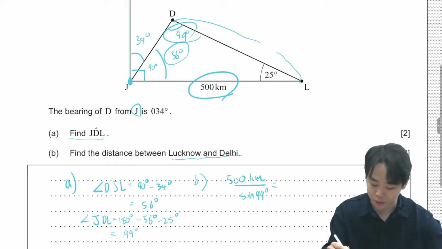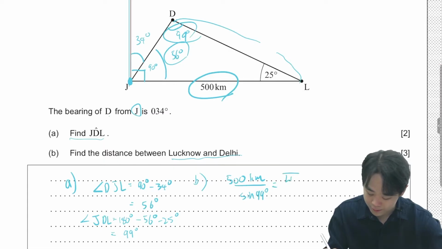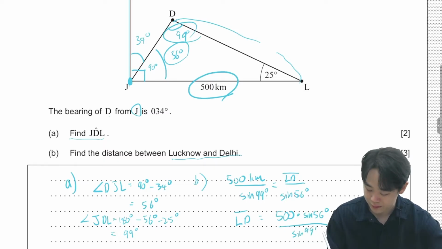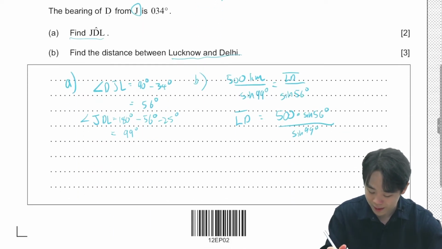That is going to equal the length of LD over sine DJL, which is 56 degrees. So if you isolate the length of LD, that's going to be 500 times sine 56 degrees over sine 99 degrees. And the units you should keep as kilometers.